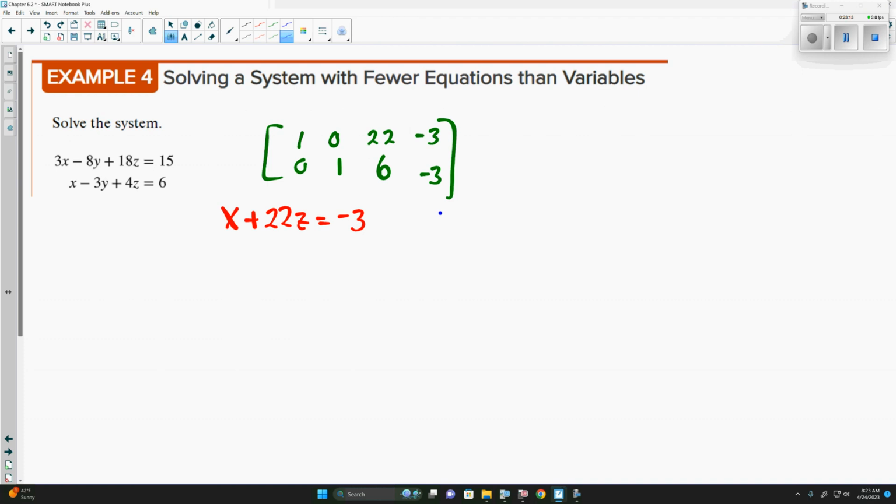Our second equation tells us that y plus 6z is equal to negative 3. For the first one, when we get it in terms of z, we have x is equal to negative 22z minus 3. And for our other equation, we get y is equal to negative 6z minus 3.